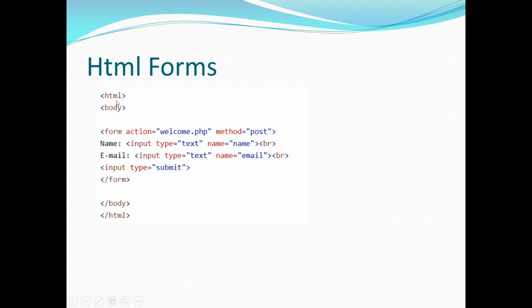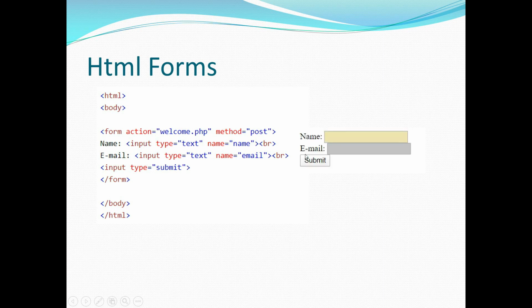Okay, so the HTML has a body, inside the body, the form tag. This is the start, and this is the action, method and the name. Okay, and this is the text that you see shows in a rectangle. Okay, and the email and so on. So basically these are all the HTML form attributes.